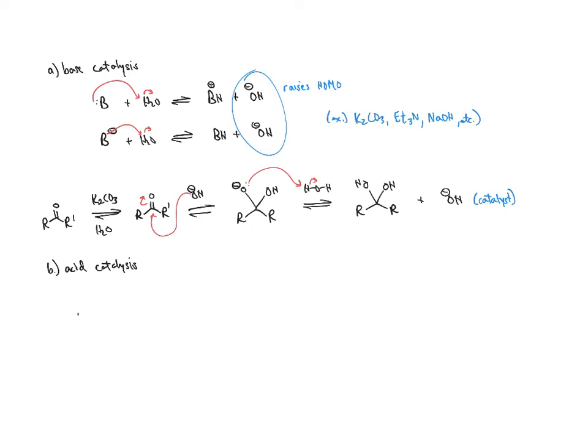And so we can do this with the generic electrophile, aldehyde or ketone. We're first going to protonate. This protonation lowers the LUMO enough so that water can attack as an incoming nucleophile.